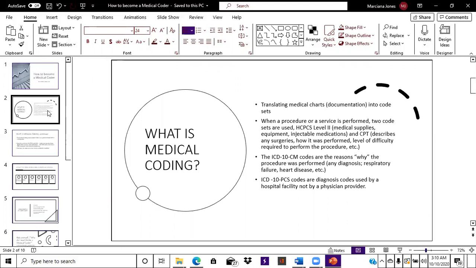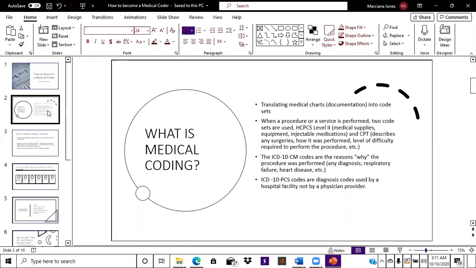So what you're going to do as the medical coder is translate those diagnoses to codes. You're going to translate the procedures or services that were performed into codes too. There are two code sets that you're going to use for procedures or services.